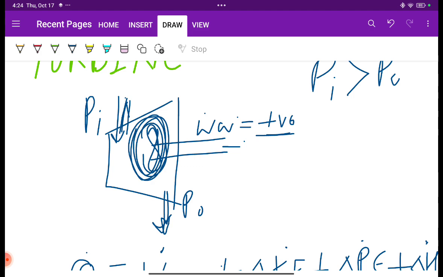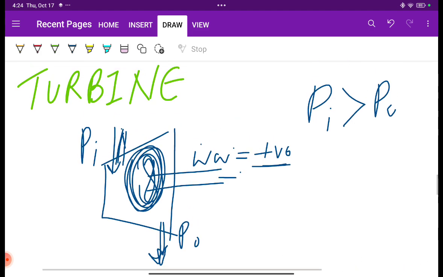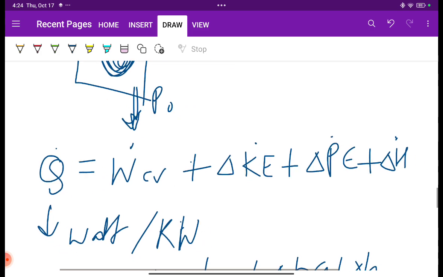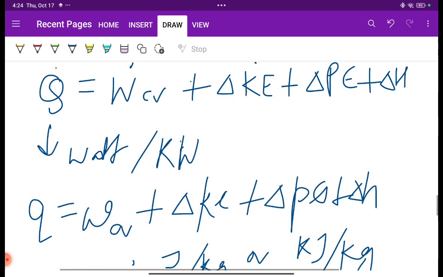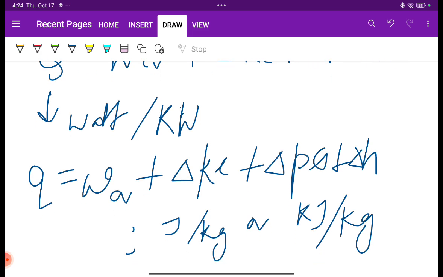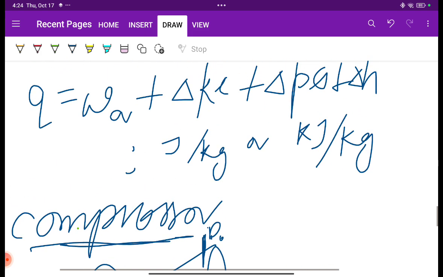So the pressure at input is greater than the pressure at output in the case of a turbine. And the energy equation is quite similar to the SFEE general equation, and its unit is watt, since control volume work is in here. When it is divided by the mass flow rate, it becomes the equation, and its unit is joule per kg.